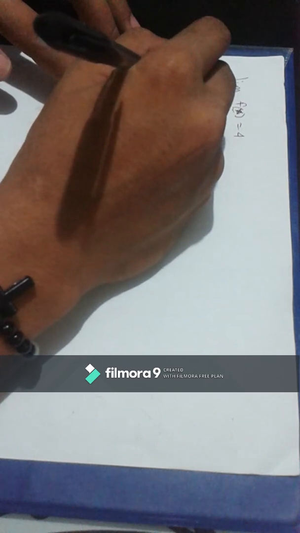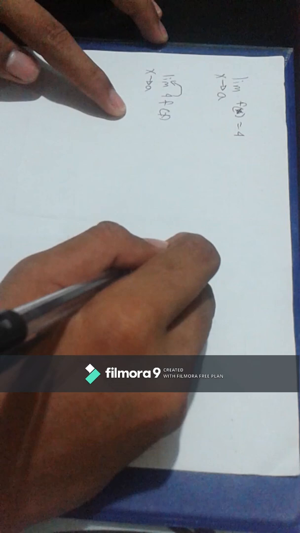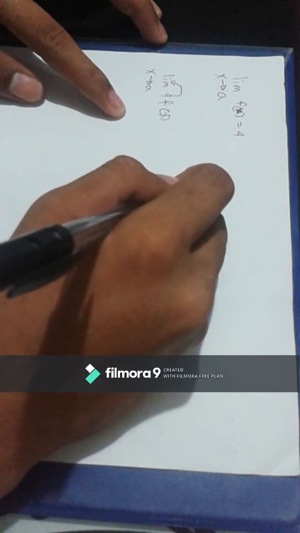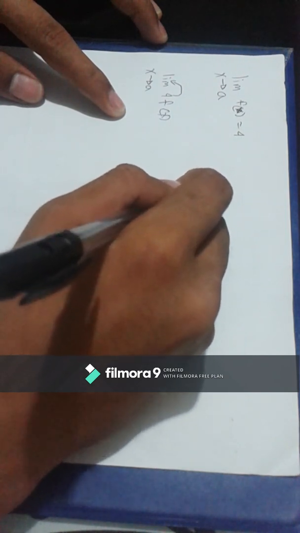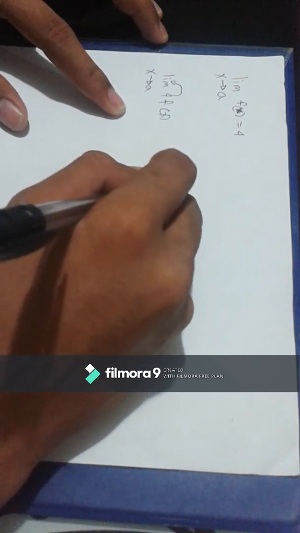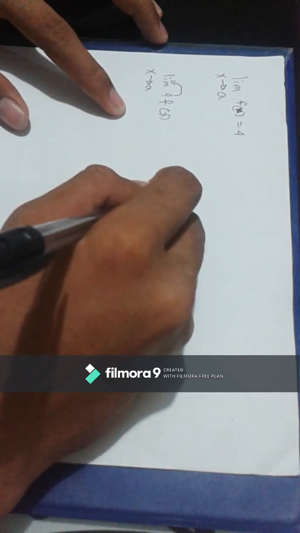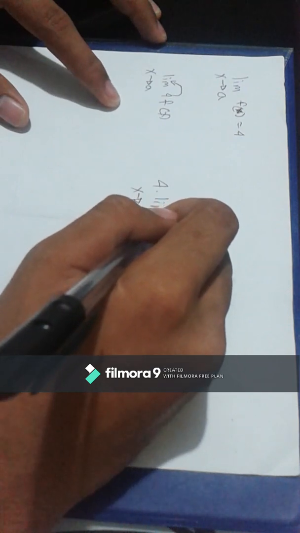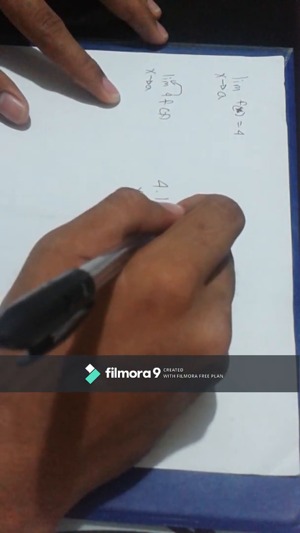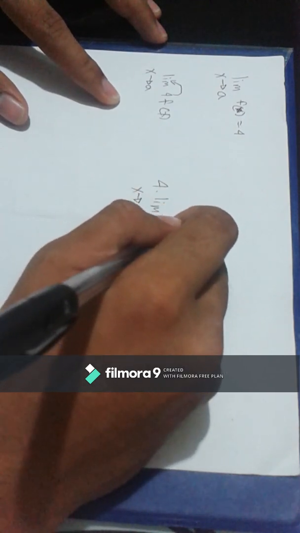What you're supposed to do is take the constant out, and then take the limit as x approaches a of f of x.